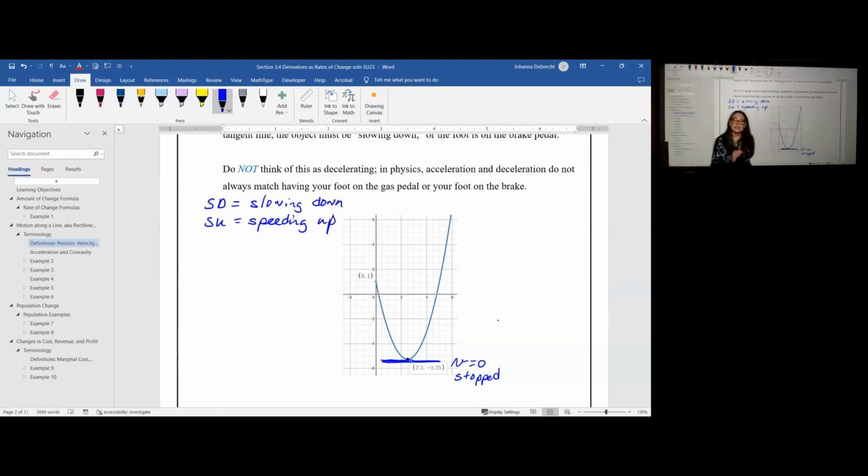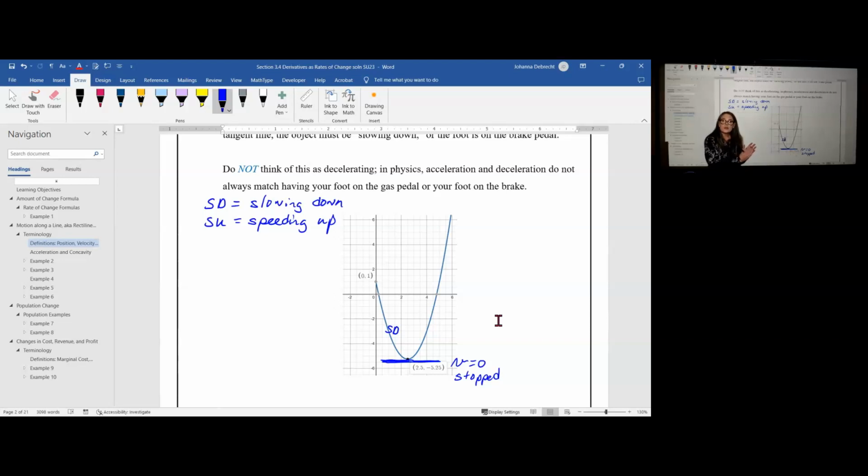On the left side of either a minimum or a maximum on a graph, it must be slowing down, just to the left of either a maximum or a minimum. So it must be slowing down on this section here. It's moving, but it's going to come to a stop, so it has to be slowing down.